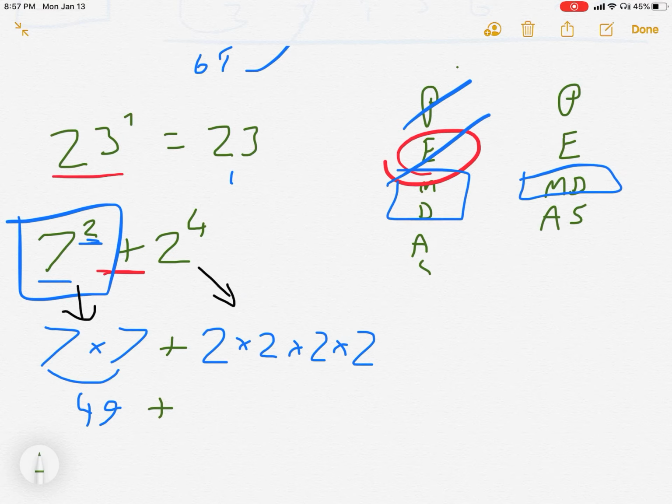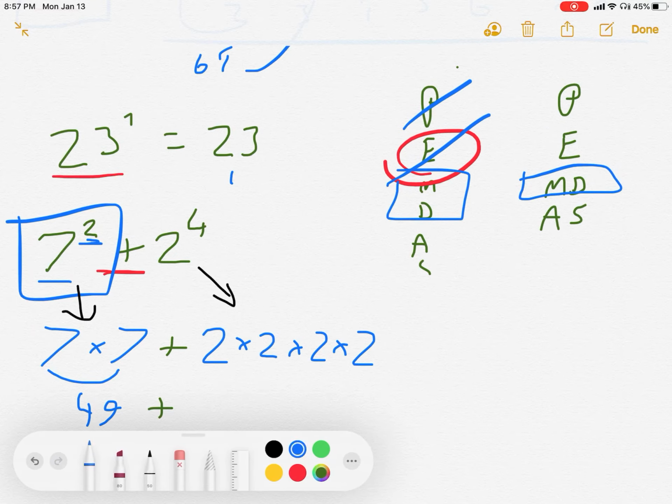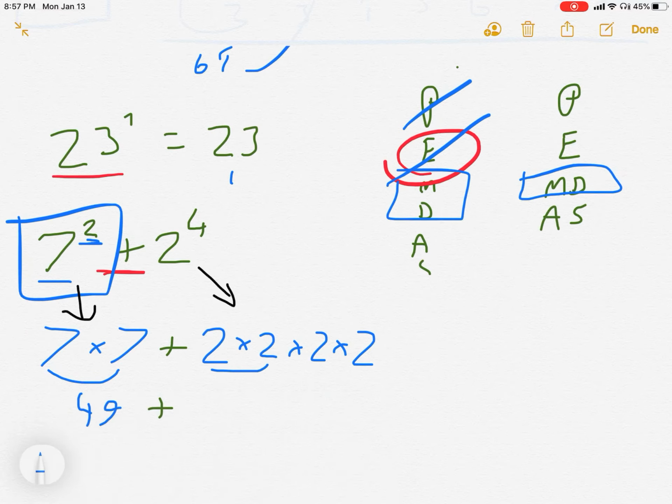Don't do anything with it. Don't change the order or what. Just keep the plus there. Then I've got my repeated 2's. 2 times 2 gives us 4, times another 2 gives us 8, times another 2 gives us 16. So I've got a 16 right there.